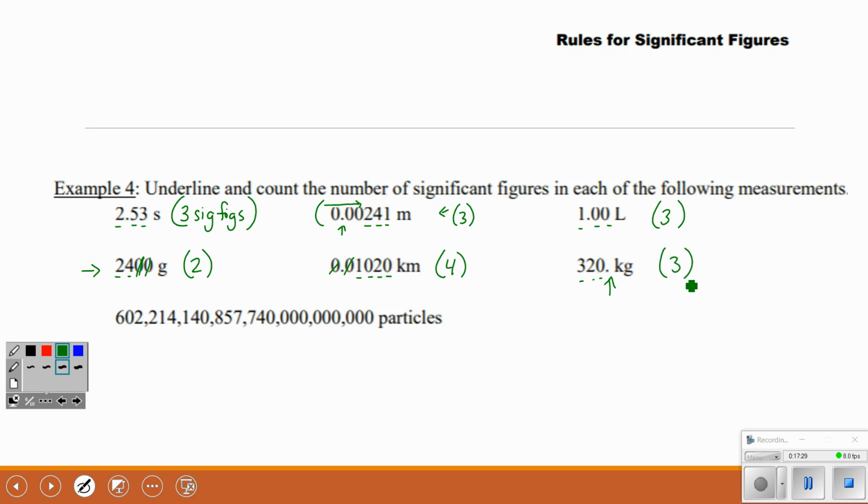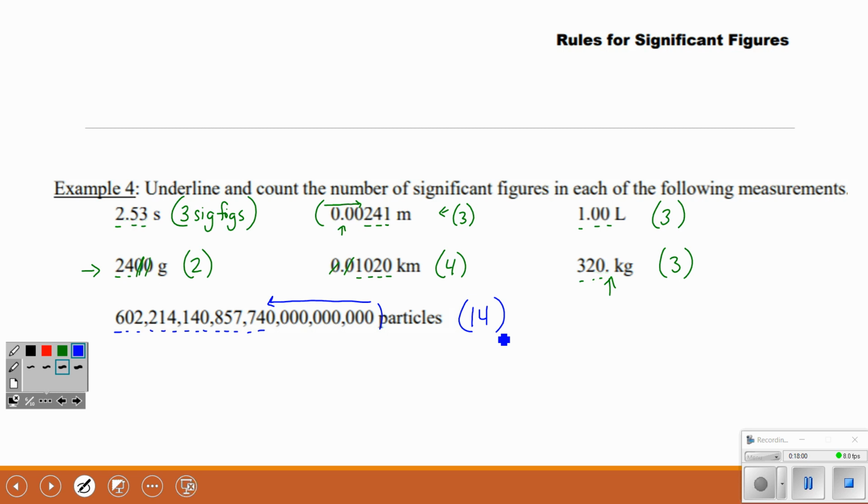And using the Atlantic Pacific rule on the whole number that you see at the bottom, the particles, go to the Atlantic side, work your way in, and you do not start counting until you get to your first non-zero digit. And that's this one. Everything that came before counts as significant. So therefore, you've got 14 significant figures here.